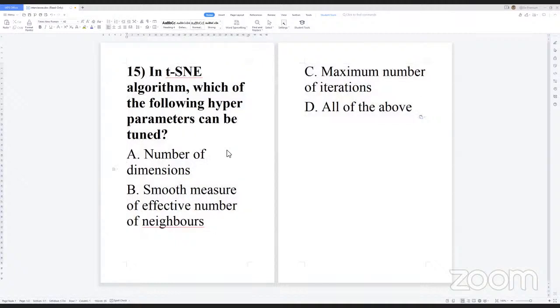So the next question, you can see it on the screen. In the t-SNE algorithm, which of the following hyperparameters can be tuned? A. Number of dimensions. B. Smooth measure of effective number of neighbors. C. Maximum number of iterations. D. All of the above.